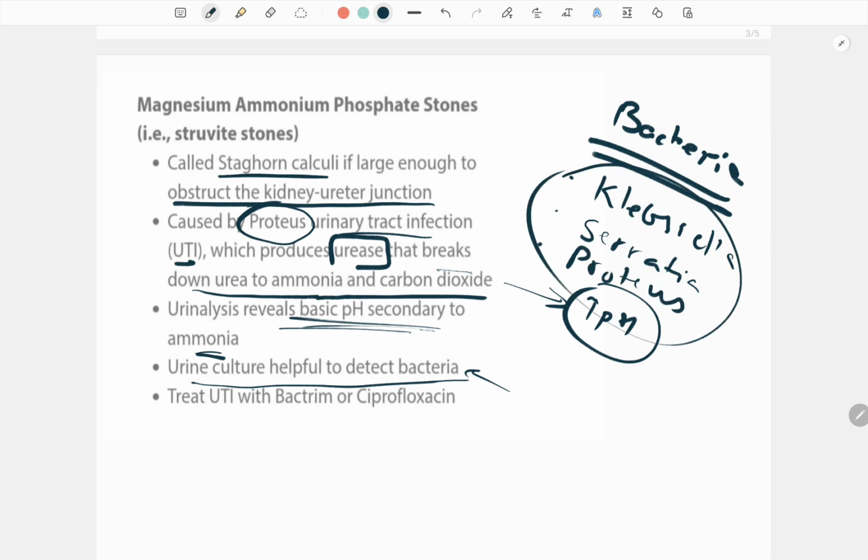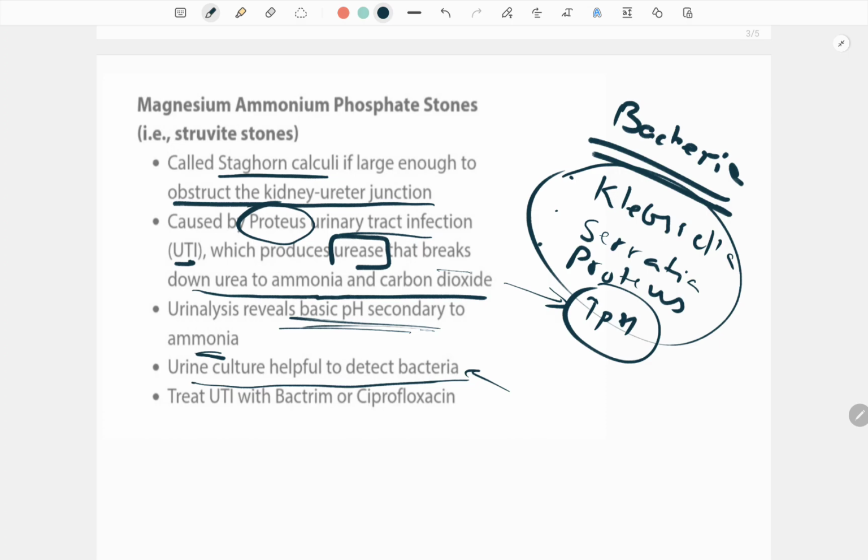These are the three main urease producing bacteria, or urease positive bacteria, which can cause these struvite stones. Now talking about the struvite stones, the clinical features usually associated are recurrent upper urinary tract infections, fever, dysuria, mild flank pain, more common than the renal colic.